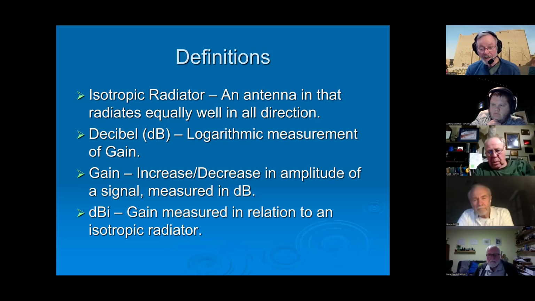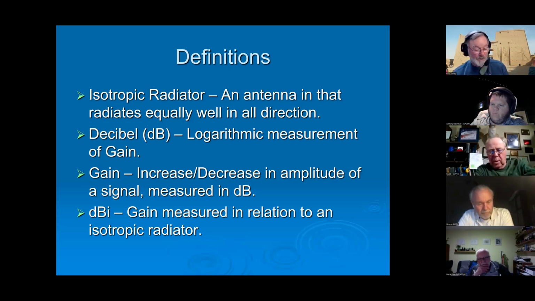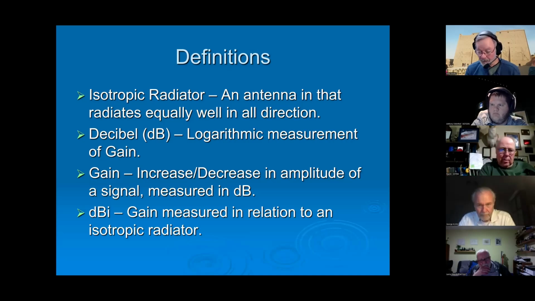So that's gain measured in relation to an isotropic radiator. When you get into looking at gain for antennas, this isotropic radiator is kind of a magical, really mythical point of reference that we make all of our references to for measuring how well an antenna is doing.